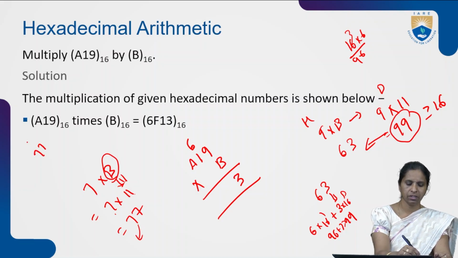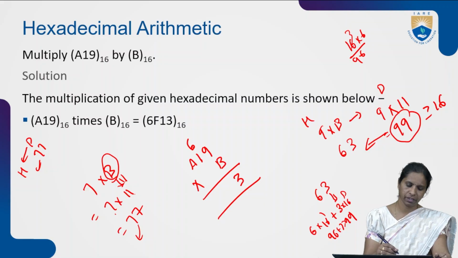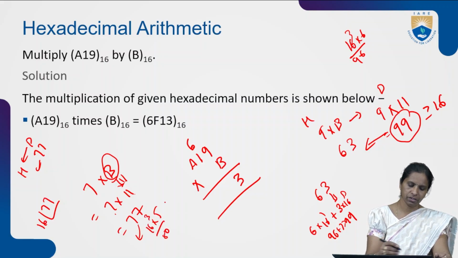We have to check. This is a decimal number. The same 77 you have to represent in the hexadecimal number system. Therefore, how are we going to get it here? 77 divided by 16 if you perform. So 16 5s are 80, so 16 4s it is taking. 16 4s are 64.